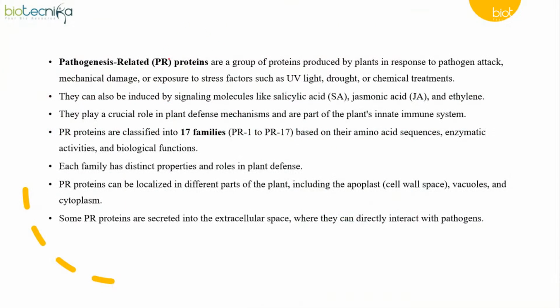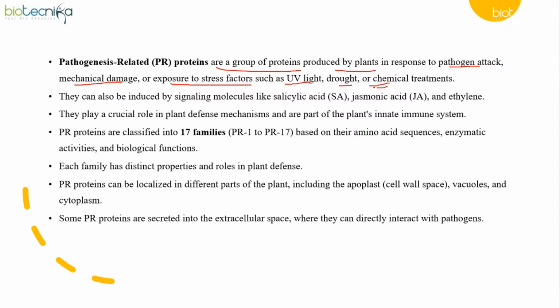See, pathogenesis-related proteins are a group of proteins produced by plants in response to pathogenic attack, mechanical damage, or even exposure to stress factors like UV light, drought, or any kind of chemical treatment.